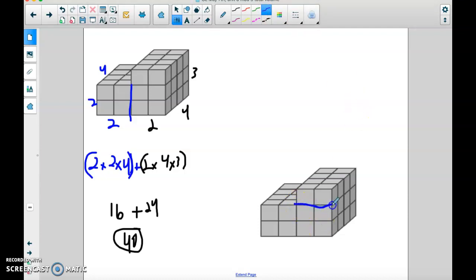was cut this here, right? Make this a 1 by 4 by 1, and make this a 4 by 2 by 4.